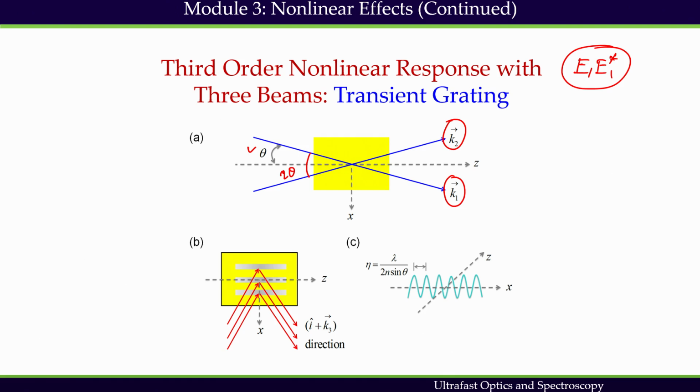If these wave vectors are decomposed into components along the z direction, this is the positive z direction and this is the positive x direction, we are going to decompose these two wave vectors along these two directions.